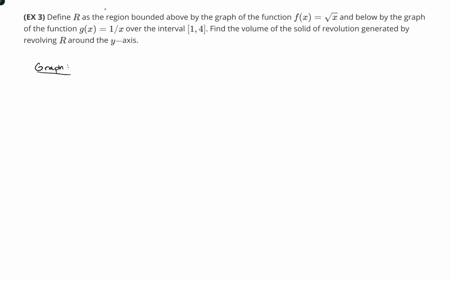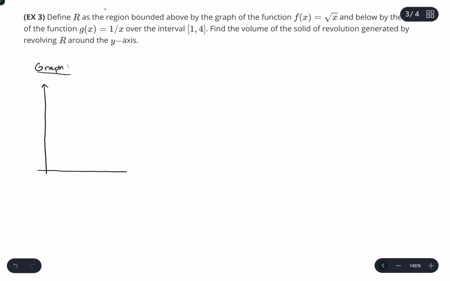I'll just assume this is probably all in the first quadrant. If I need to extend my graph, I will, but I think that's probably safe here. All right, we have the graph of f of x equals the square root of x, which looks something like this.